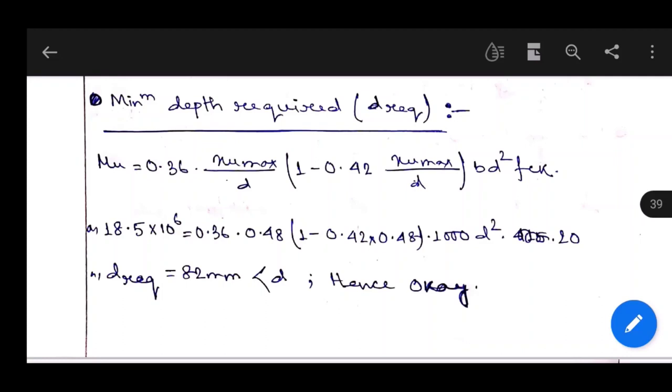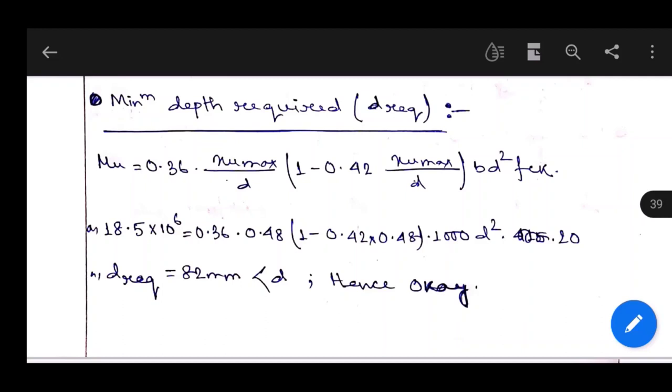The value of xu max by d we may find just below clause number 38, and in this question Fe is 415, that's why xu max by d is 0.48 as per IS 456 2000, within bracket 1 minus 0.42 into 0.48, bracket closed. Now b is the width, and that is 1000, into d square into fck, which is 20 here.